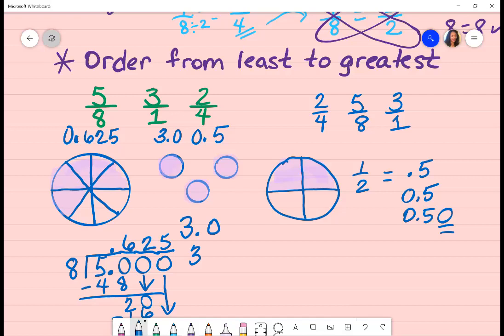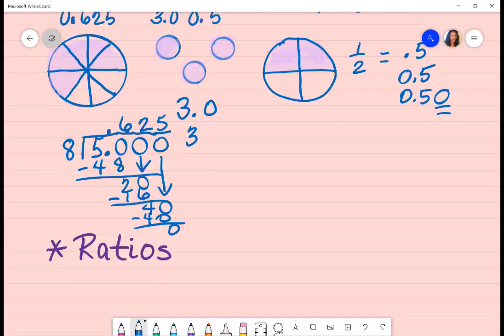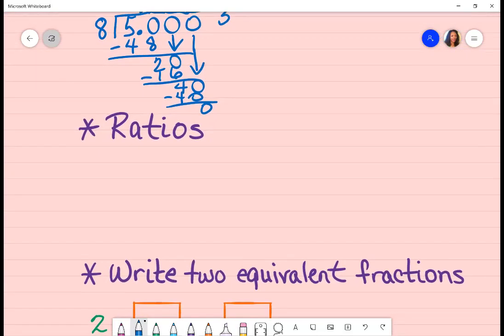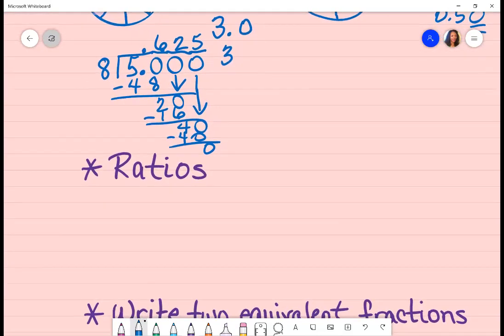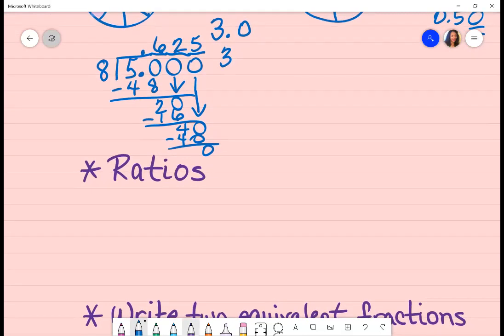Okay, so those are different visuals. You can, again, line it up on a number line if you needed to. Let's see here. Ratios. Well, fractions are ratios, so let's just use those same examples. If I were to use 5 over 8 as a ratio, you would see that it's 5 to 8.